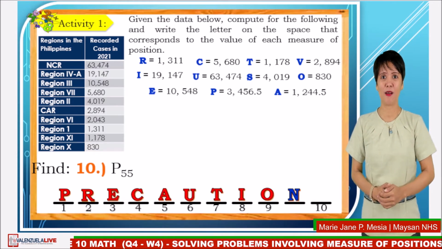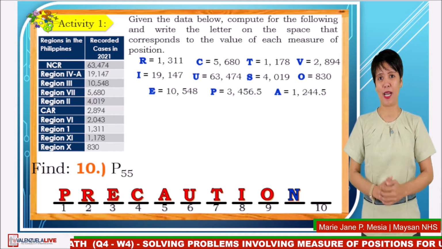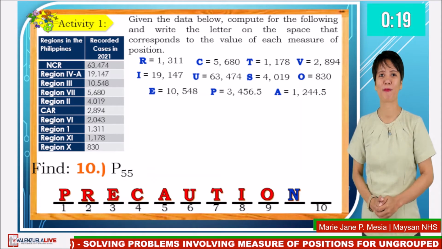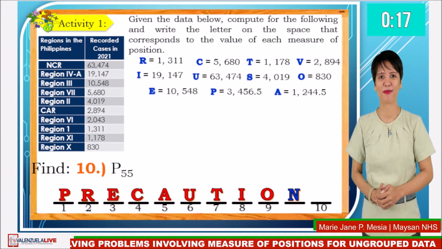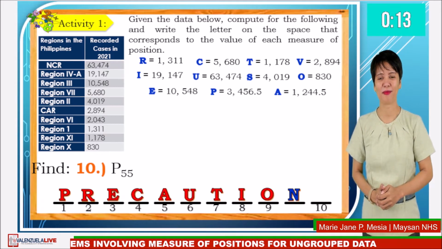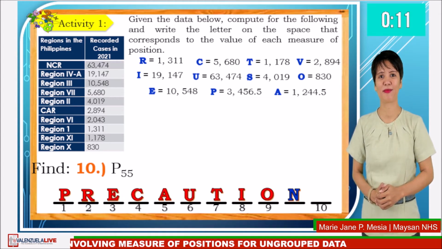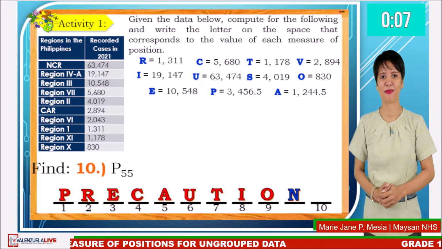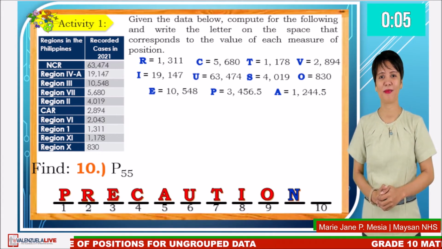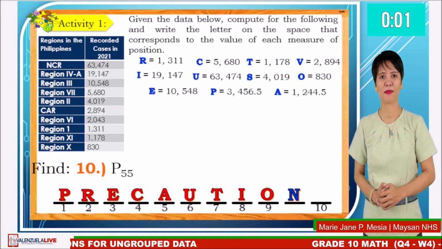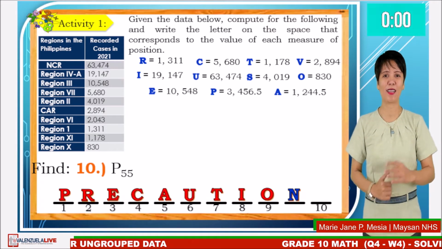Number 10. Find P sub 55. The timer starts now. Time's up.